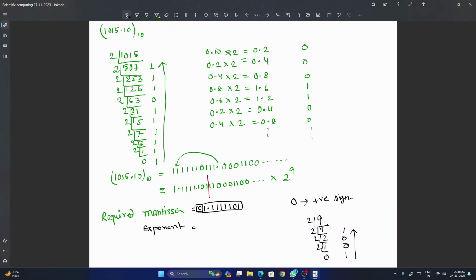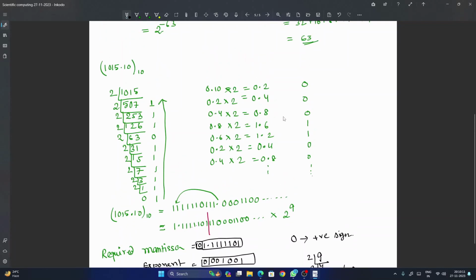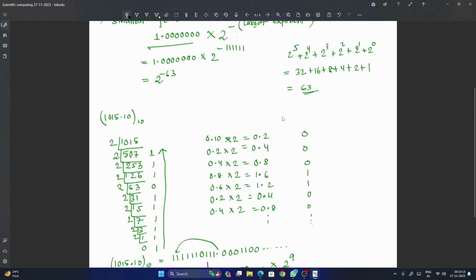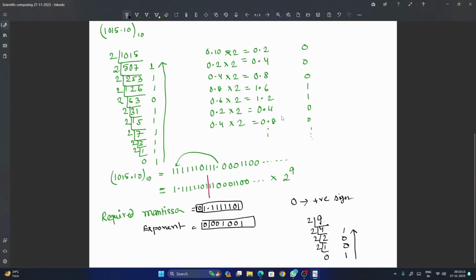The exponent is also saved with a positive sign, so 0 for the sign bit, and after that 6 bits for the exponent value, 0 0 1 0 0 1, so that is the value. So 6 bits and 1 for the sign, so that is the mantissa and exponent stored by the machine for this 1015.1.